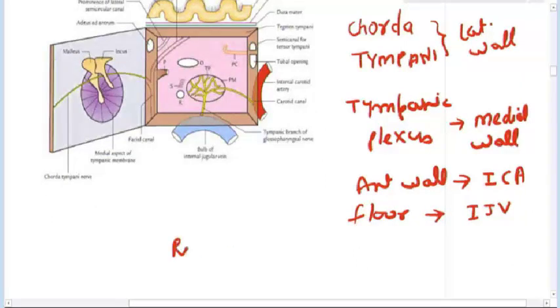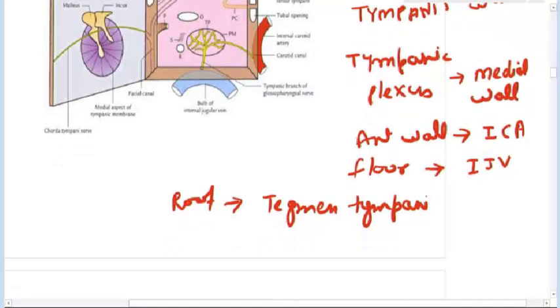Our roof is formed by tegmen tympani, this is the plate of tegmen tympani which forms the roof, which separates from the cerebral hemisphere. And along with these features, medial wall also presents this round window and oval window.